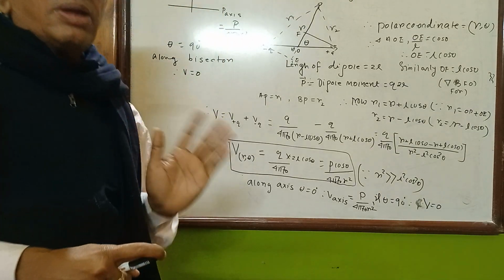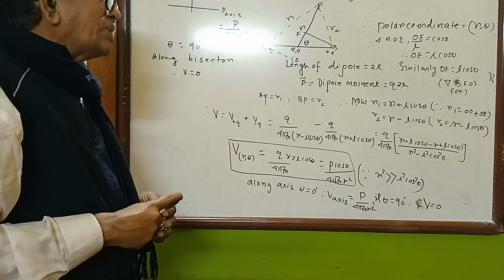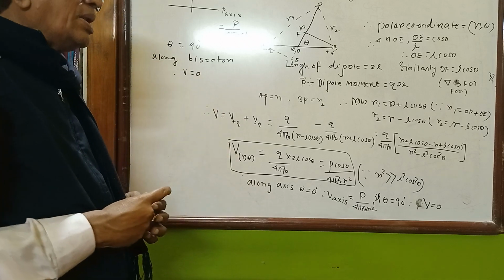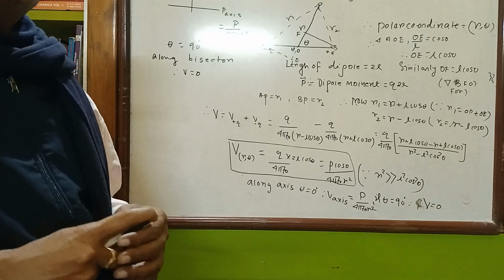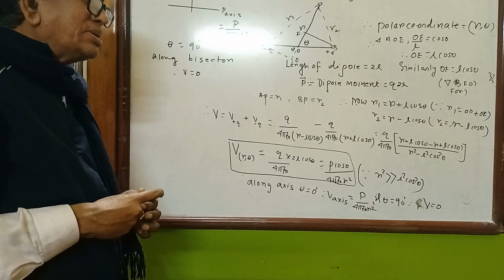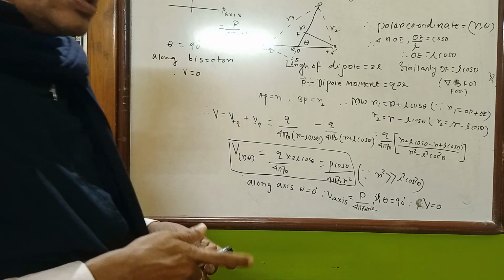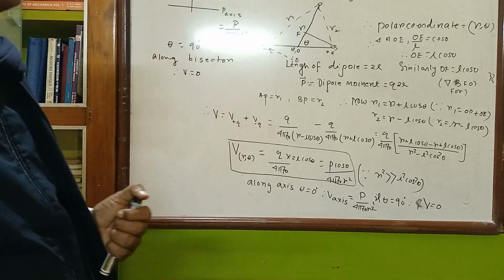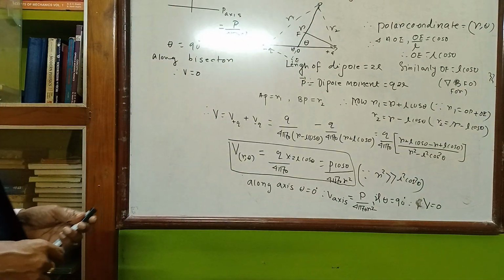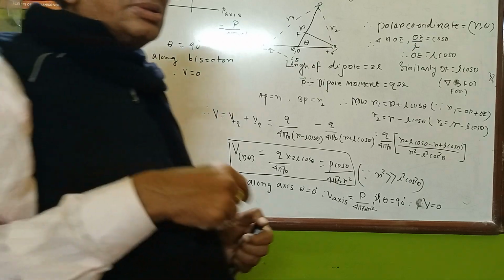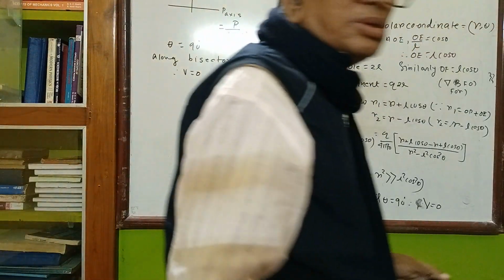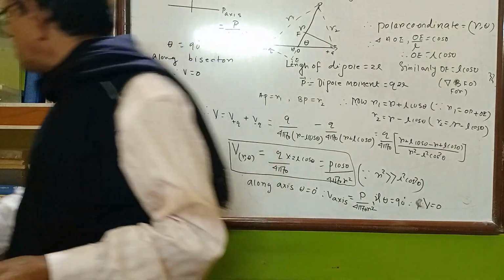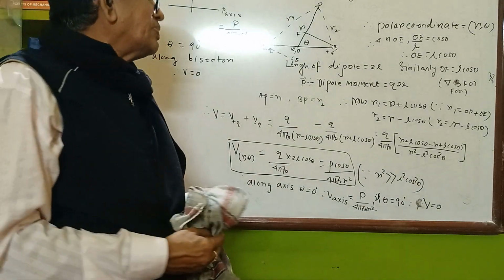So now we have derived the relationship of the dipole potential when the point of interest P has polar coordinate r, theta. Now we are going to calculate the electric field for a dipole in the general case.